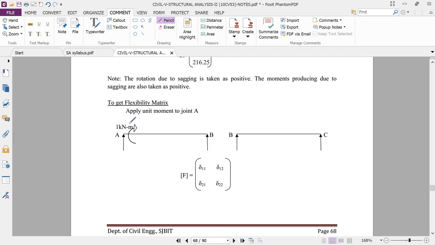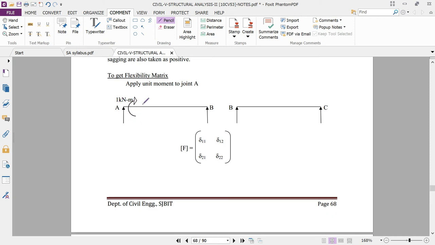Here we have considered the unit moment because we are interested in calculating the moment at A, as we already discussed in step number 1. So 1 kilonewton meter is applied here, and because of its effect the force matrix will be formed as delta 11, delta 12, delta 21 and delta 22. Okay, now let us see.